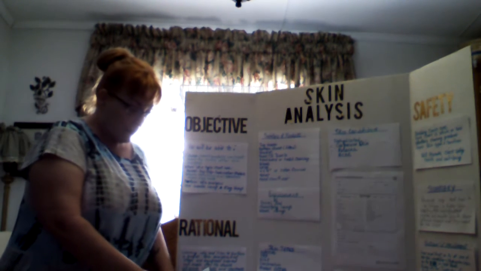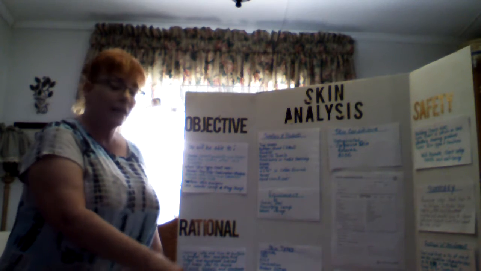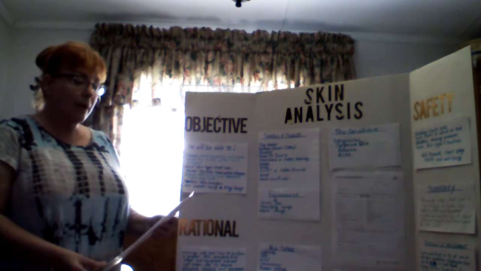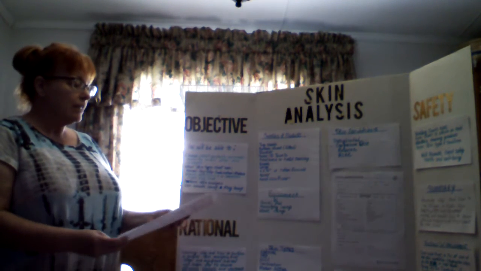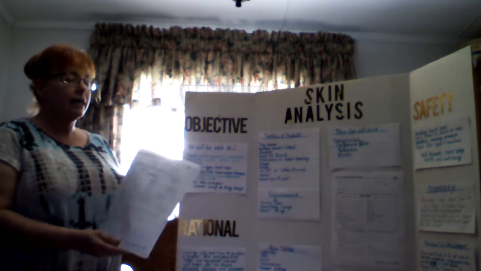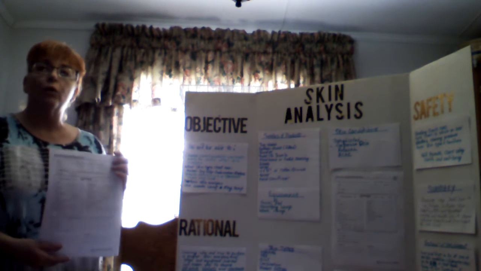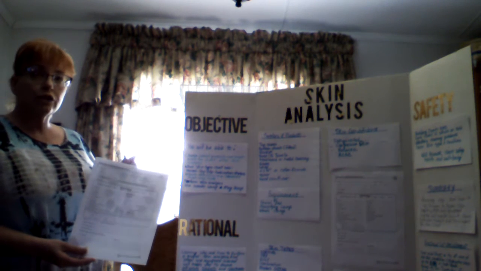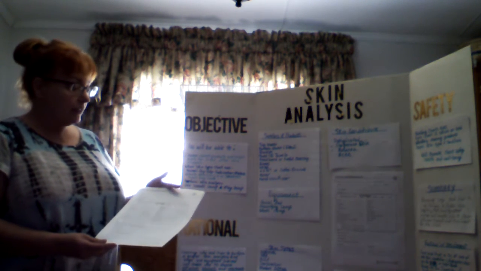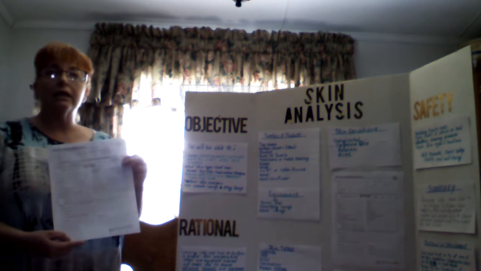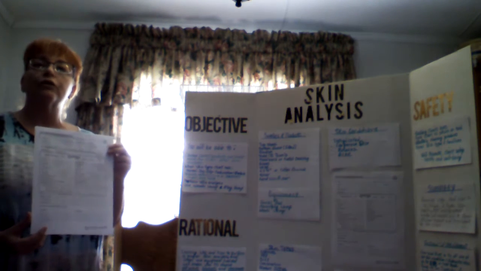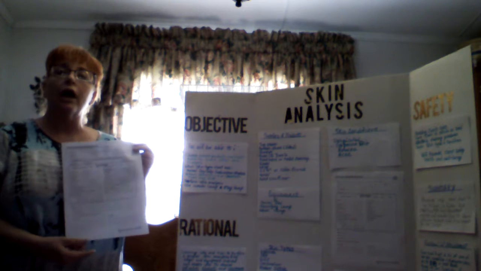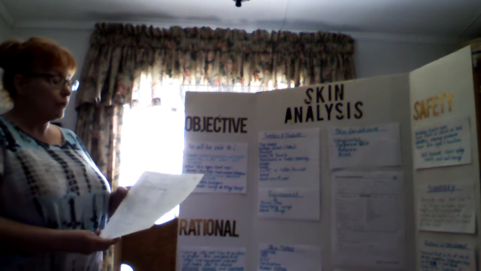Prior to me starting this lesson, I passed out 2 sheets of paper. The first one is a client skin analysis evaluation form. They're called different things, could be part of a consultation form, not necessarily. This is something that you need to make sure that you are documenting on for your client for every single treatment.